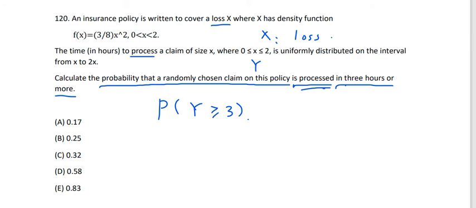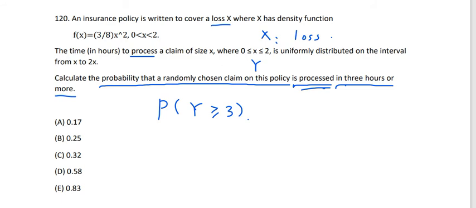So for this we need to know the joint density function. Here's the same story. We have the marginal density function for x, and we also want the conditional density function for y.